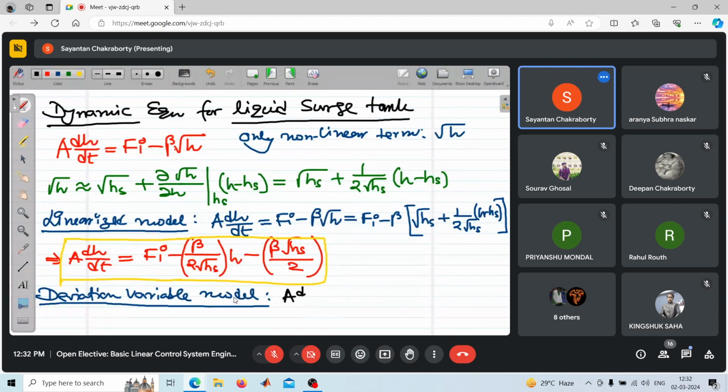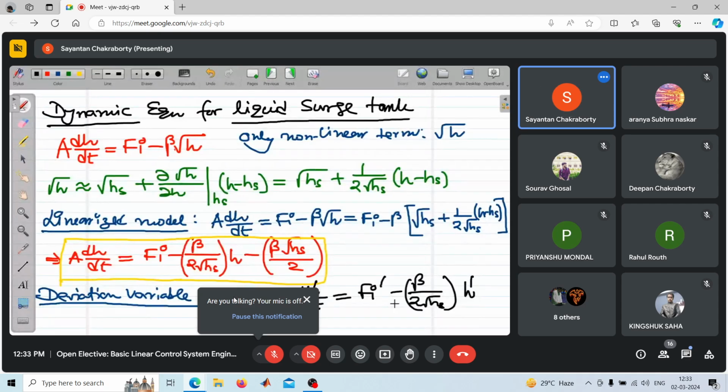So A dh dash dt is equal to Fi dash minus beta by 2 root hs times h dash. Now, how am I arriving at this equation? Let me show you. So I'm just writing this.